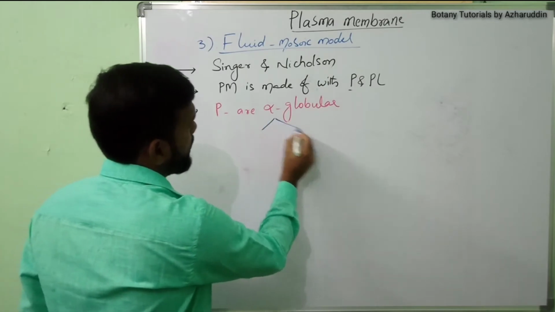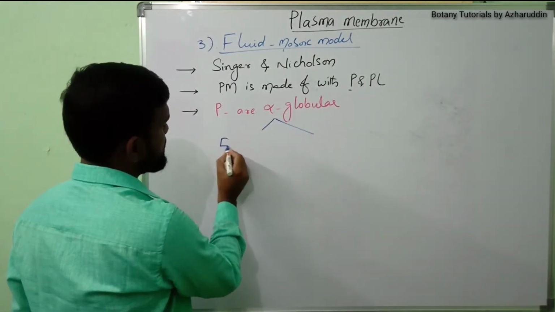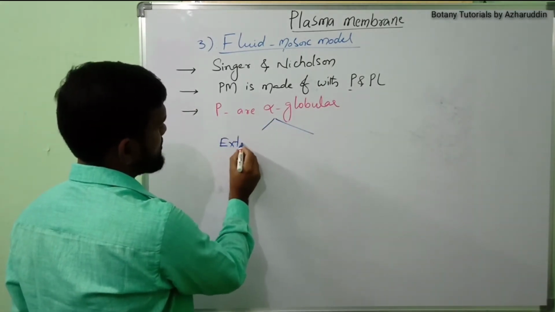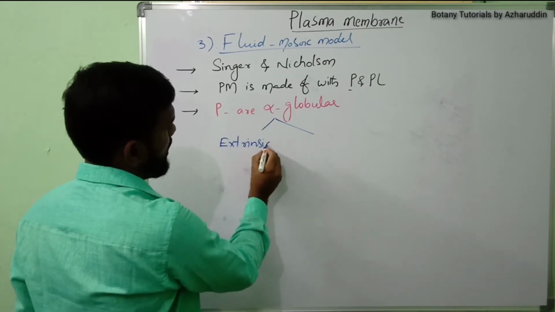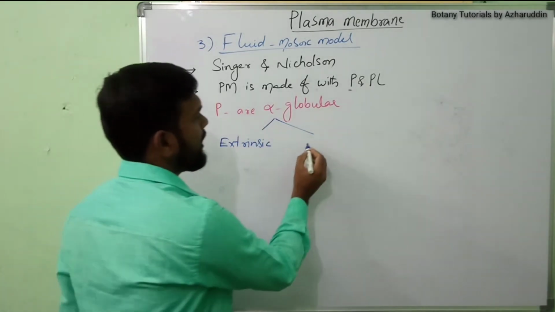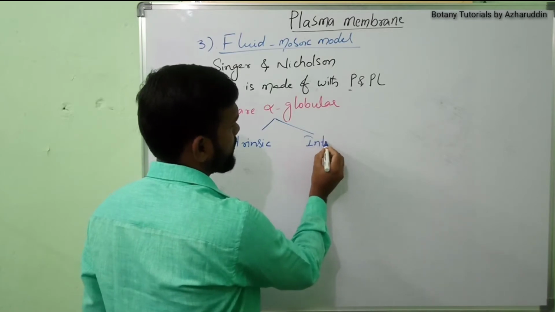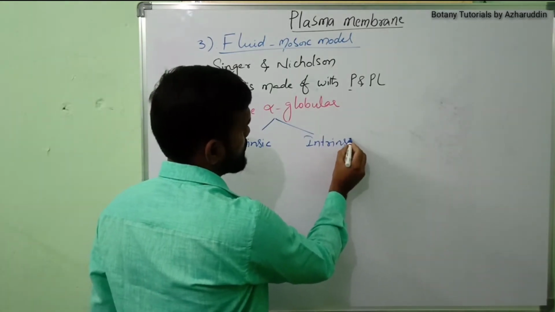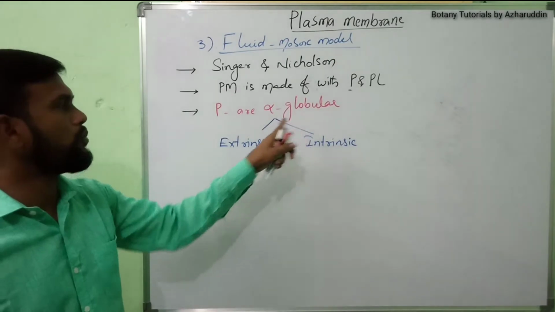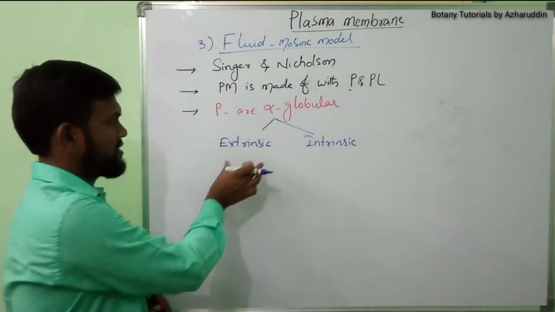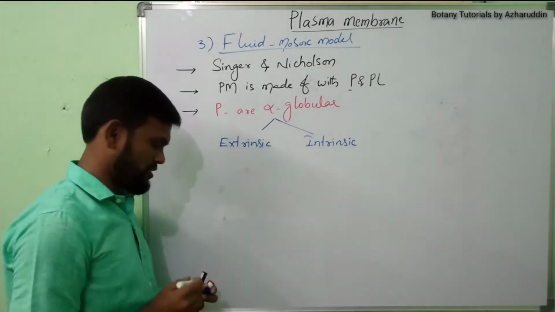They are extrinsic proteins, and the second type is intrinsic proteins. These alpha globular proteins are of two types, extrinsic and intrinsic proteins.